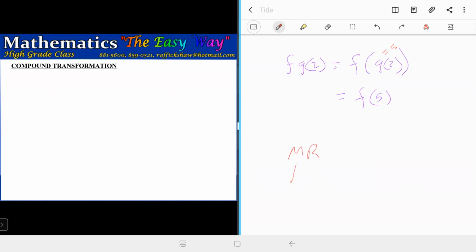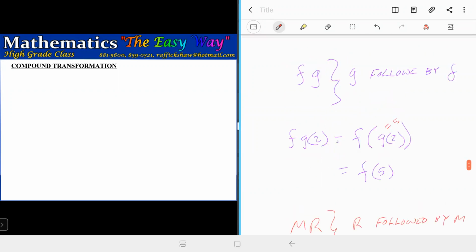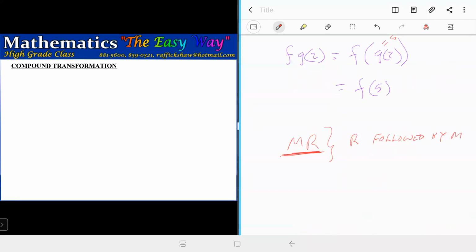MR means R followed by M. And just as in the composite function, you can form one function by putting the g into the f, you can also form a compound transformation by multiplying these two things, M times R. So M times R means R followed by M. You have to remember that MR means R followed by M.